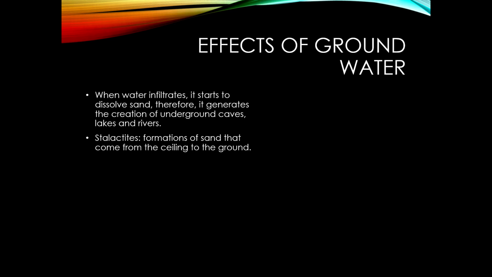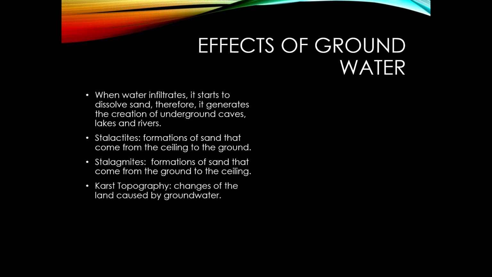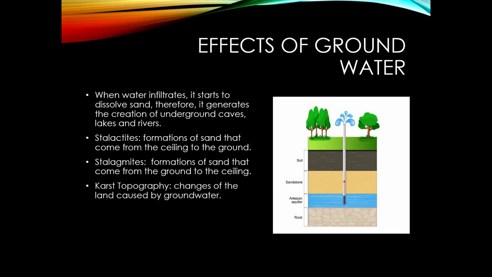And thanks to the chemical changes that it presents in those materials, stalactites are created, as well as stalagmites. And they are the formations of sand that come from the ground to the ceiling. We also have another important principle, which is the karst topography. So, which is basically the changes of the land caused by groundwater.